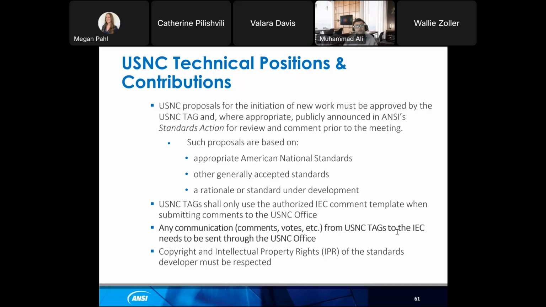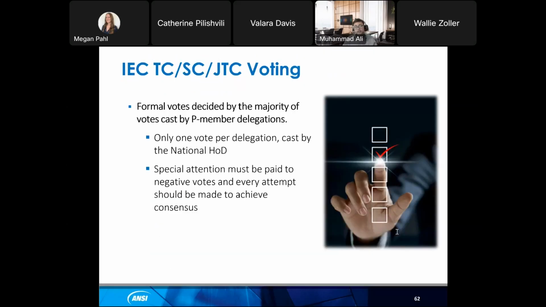With respect to any communication on comments or votes from the USNC tags to the IEC, it needs to be sent from the official USNC office itself. And please note that, of course, with any of these documents, the copyright and intellectual property rights should always be respected, especially when getting copies of standards and reviewing copies of standards that are not under your tag itself.